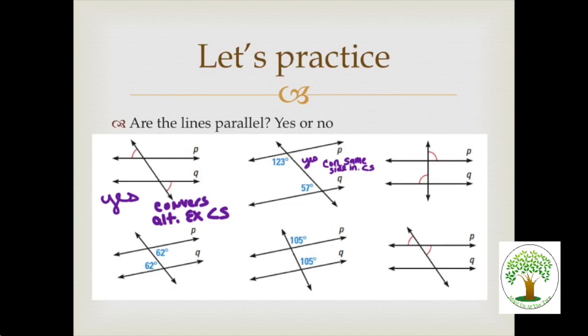What kind are they? There are none of them that you have. So that means the only way they're going to be parallel is those four things. If it's not one of those four things, are they parallel? No.